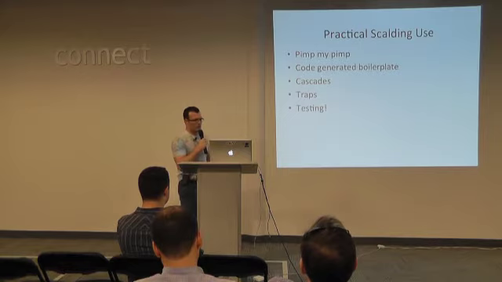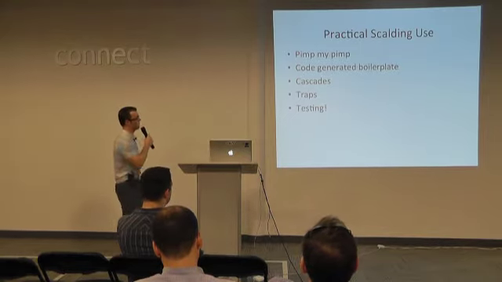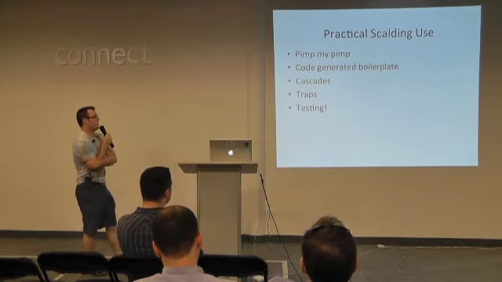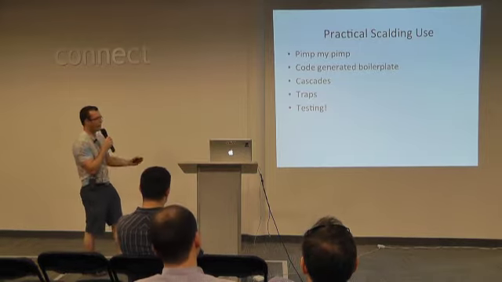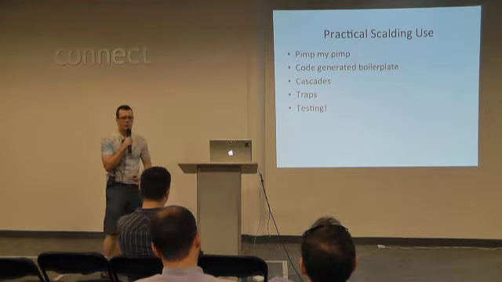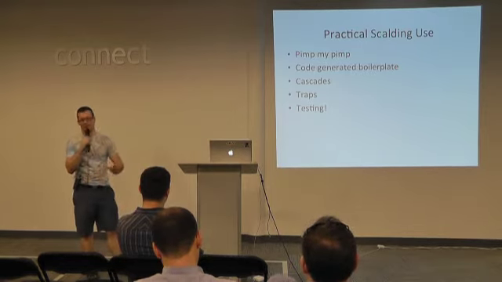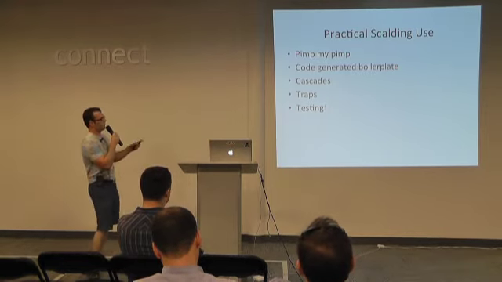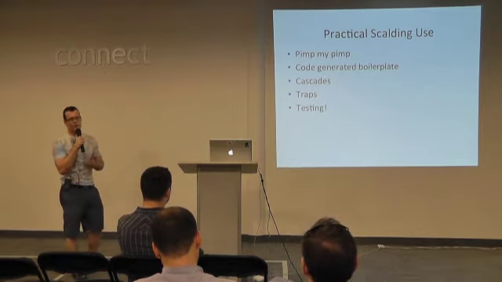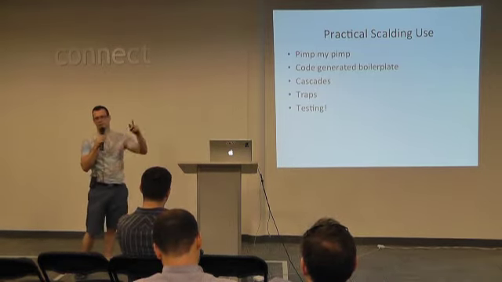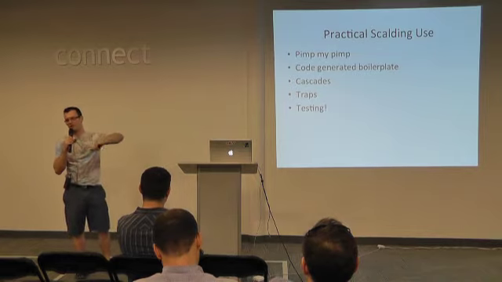Okay, cool. So, practical Scalding usage. They use the pimp my library pattern, and we just took that one step further and did it again. This is code-generated boilerplate. We wrote a Scala program that parses XML definitions of tables and spits out a very clean interface for accessing those tables.